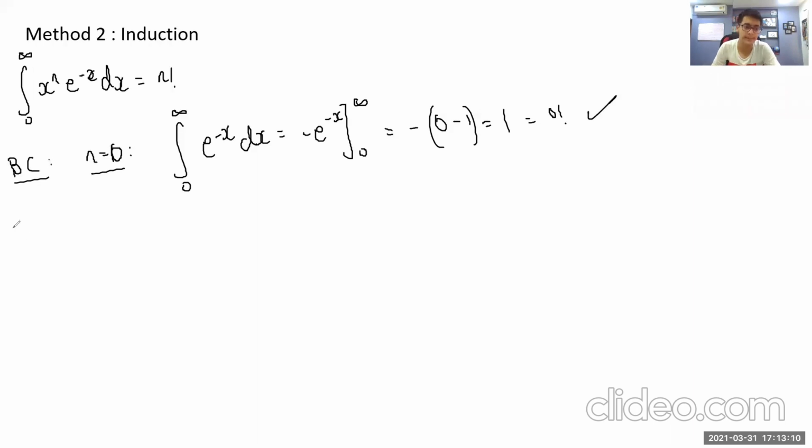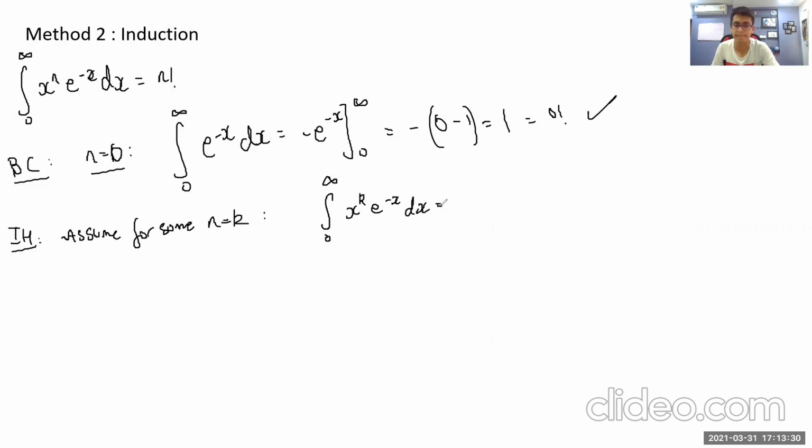Now let's form a hypothesis. Assume for some n equal to k, we have this to be true. Alright, so we say this. Right, now we have to prove this for k plus 1.